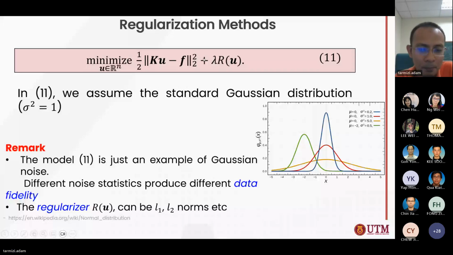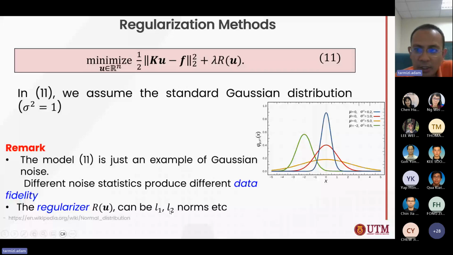The regularizer can be an L1 norm, L2 norm, and even the LP norm, where P is between 0 and 1. However, if you have the LP norm with P between 0 and 1, it will be a non-convex optimization problem. But in this talk, I will just focus on when this function R is going to be the L1 norm and L2 norm.